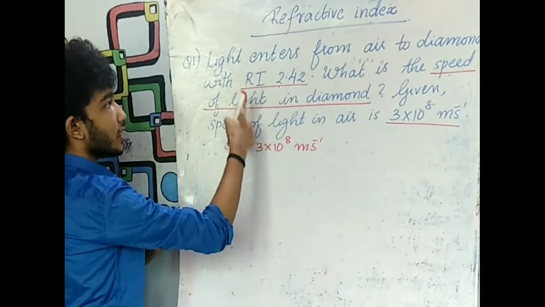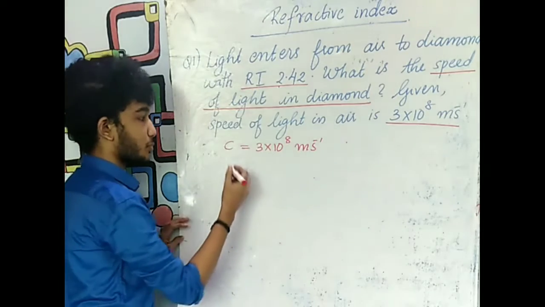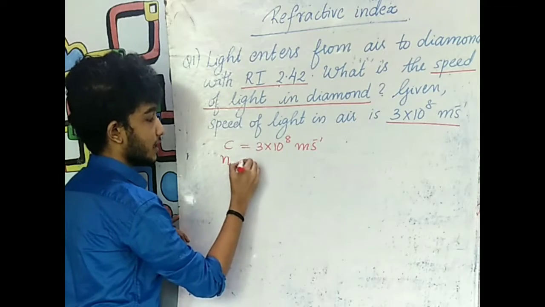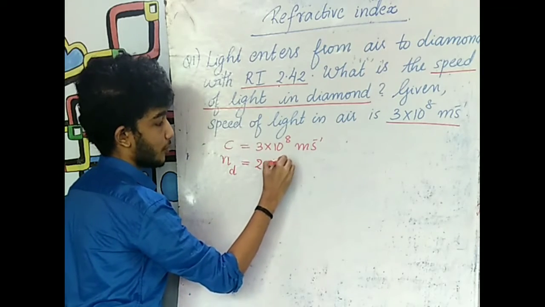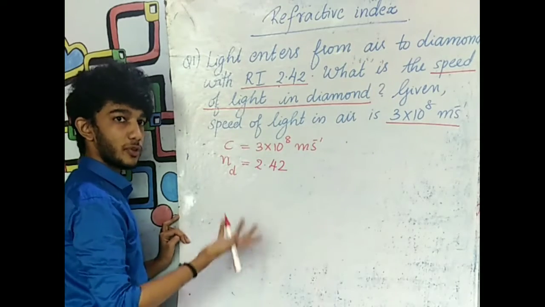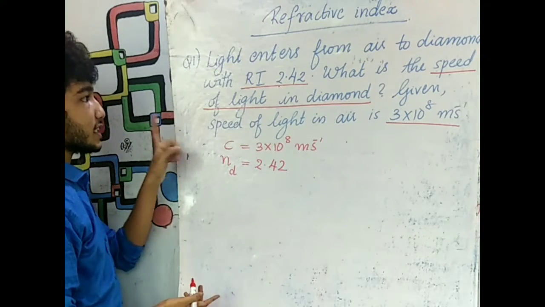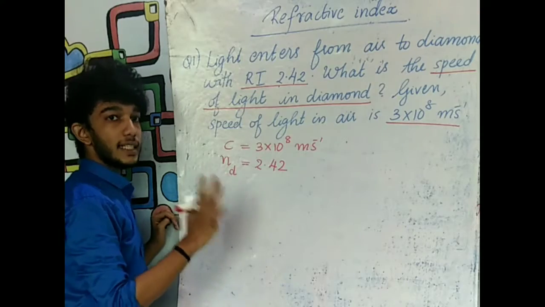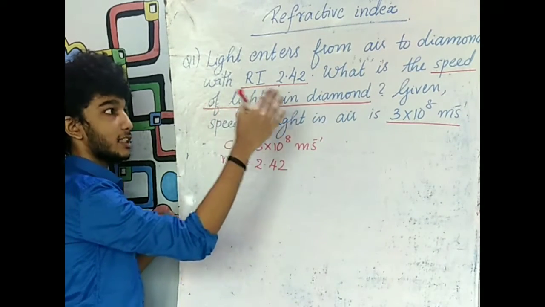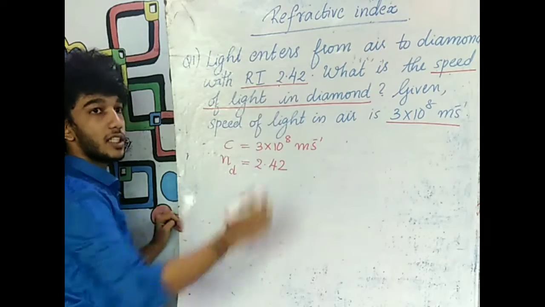Light enters from air to diamond with refractive index 2.42. That is, the refractive index of diamond is equal to 2.42, or we can say the refractive index of diamond with respect to air is 2.42. Both are the same. What is the speed of light in diamond? What is the relation connecting the speed of light in a medium, the speed of light in air and the refractive index of the medium?